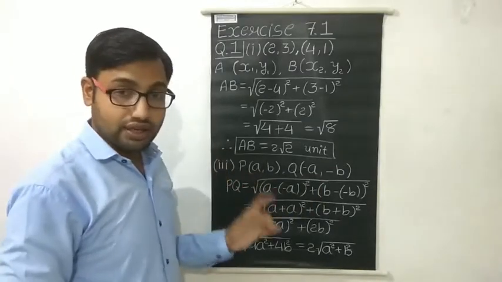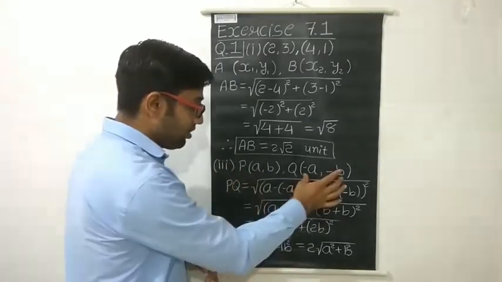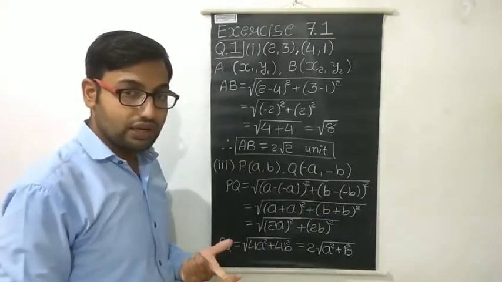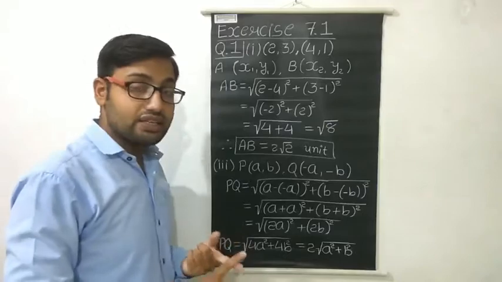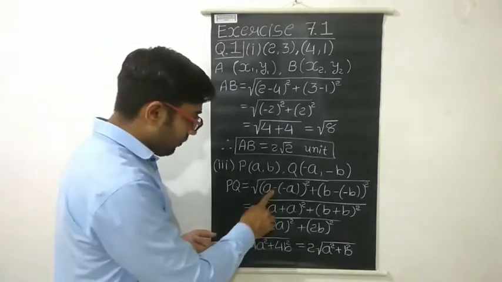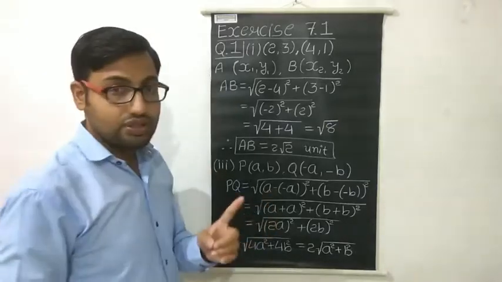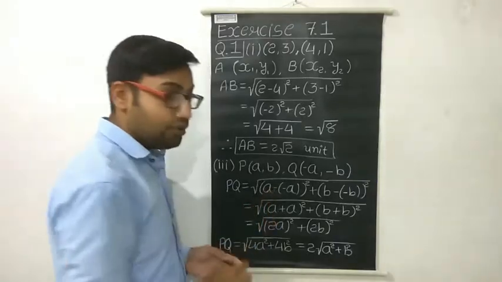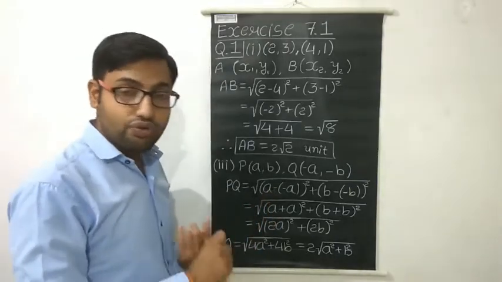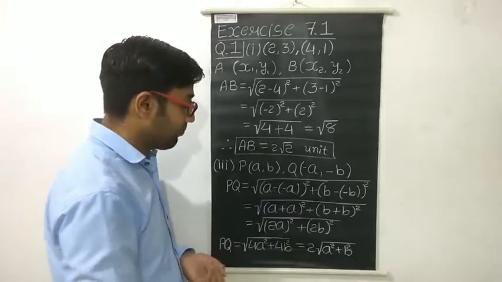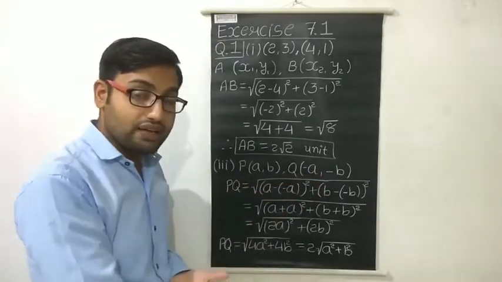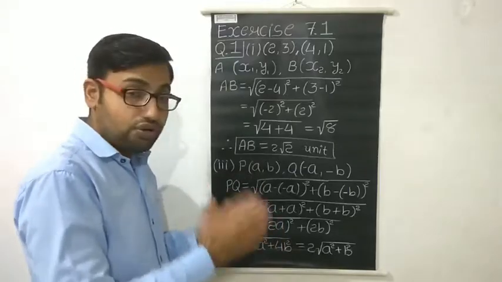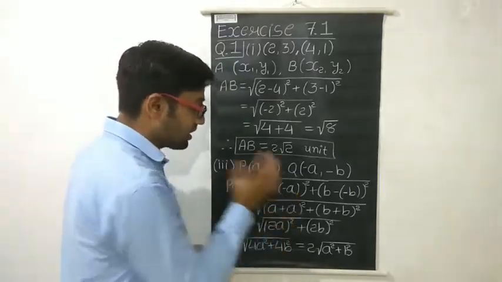See, notice one thing here. Whenever the coordinate is given with a minus value, we have to write it as it is, with the minus value. Do not confuse between this minus value and this minus value. This minus value is in the formula, that we have to write according to the formula. And whatever the value of the coordinate is, either plus or minus, we have to put it as it is with the sign.